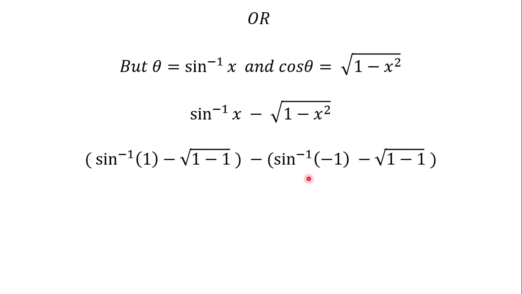Then we open the bracket. When you do so, you're going to get 90 plus 90, which will give us 180. Now, this one here is the value of the particular question in degrees form.